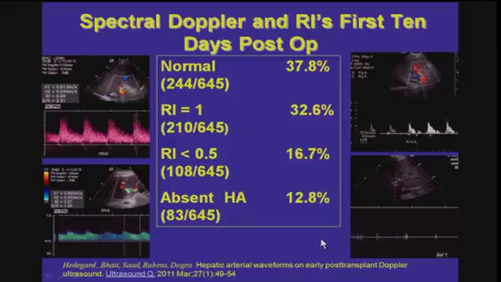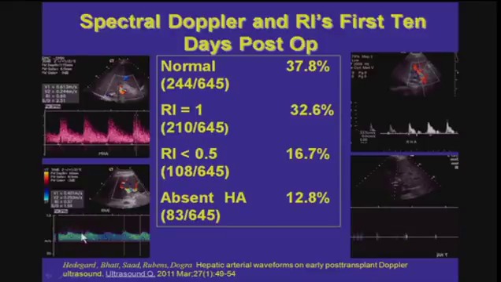One question that we had, we see a lot of patients with very strange waveforms early on, and we wanted to know if any of these in particular were predictive of hepatic artery thrombosis. So we looked at our patient population and we divided them into these 4 waveform patterns that you can see here. The normals, actually we found about 37%, 38% are normal, which you can see here.